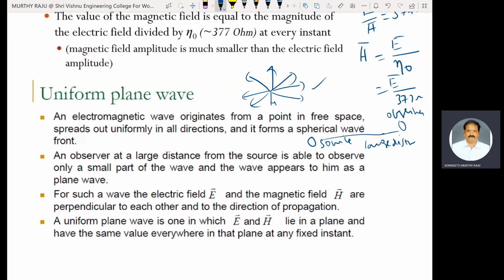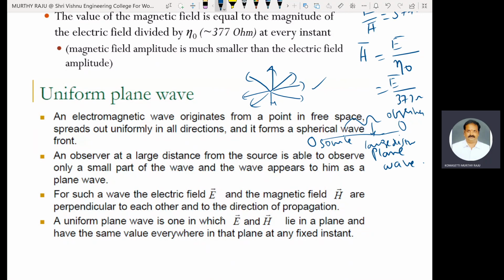This is the electromagnetic wave, with electric and magnetic fields perpendicular to each other. An observer at a large distance from the source is able to observe only a small part of the wave, and the wave appears to him as a plane wave.